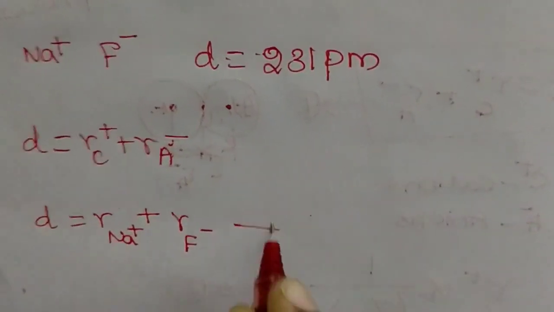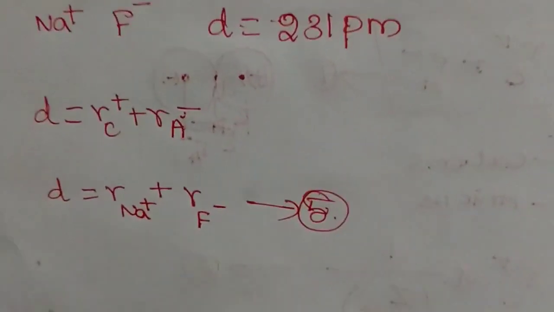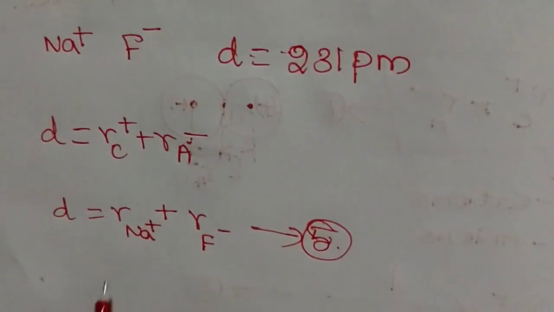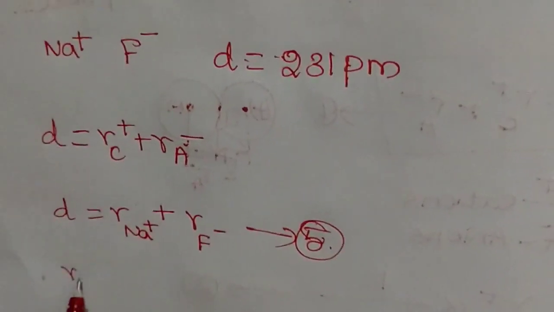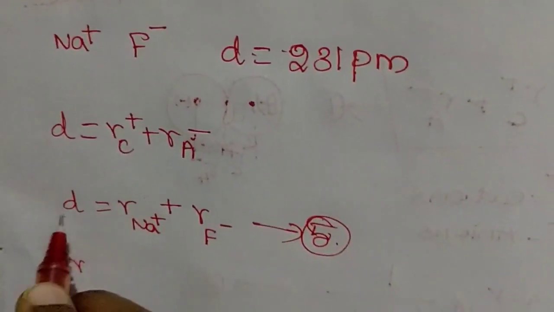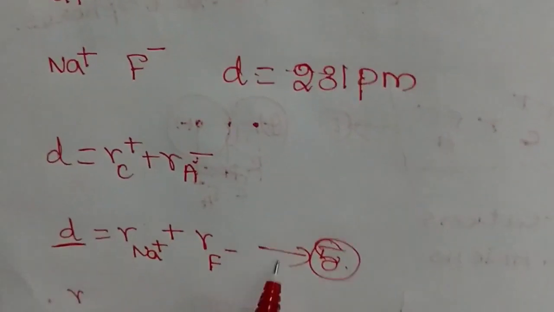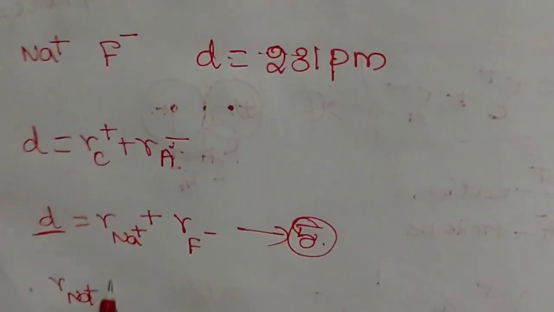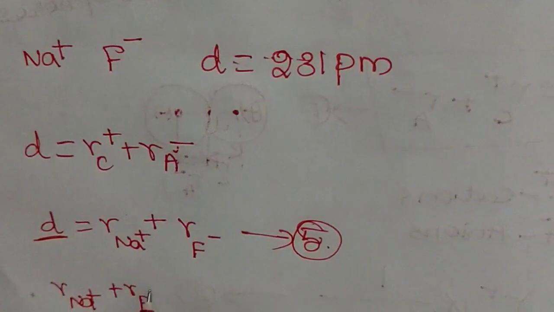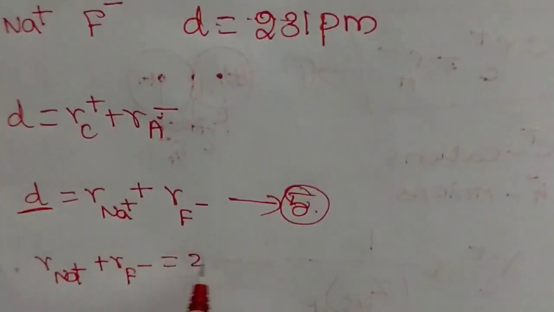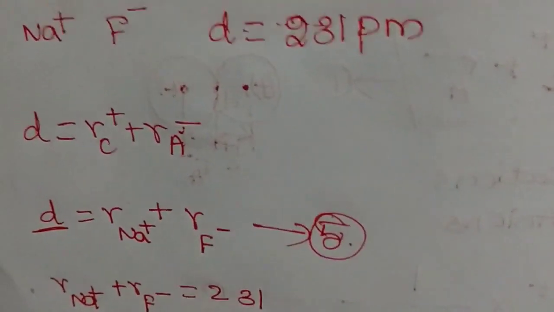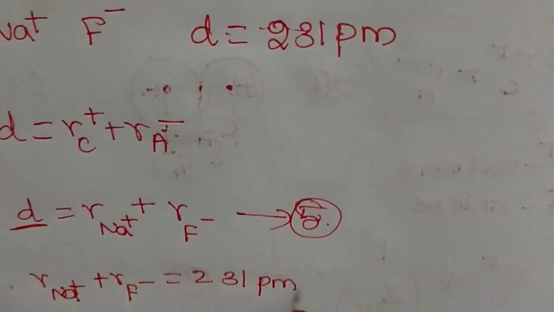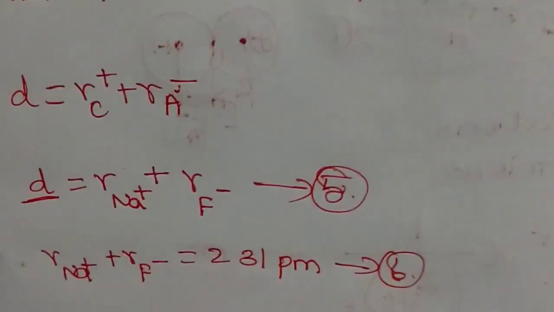Okay, we consider this equation 5. Then from there you can write r, because what is the d value? 231 picometer. Substitute this value in equation 5: r_Na+ plus r_F- equal to 231 picometer. We consider this equation 6.